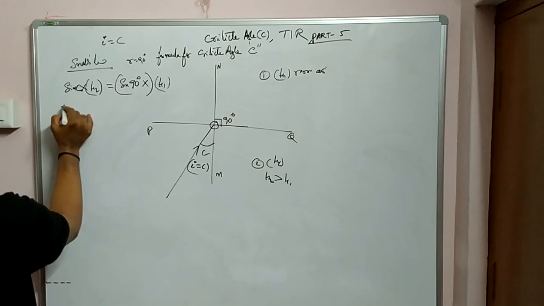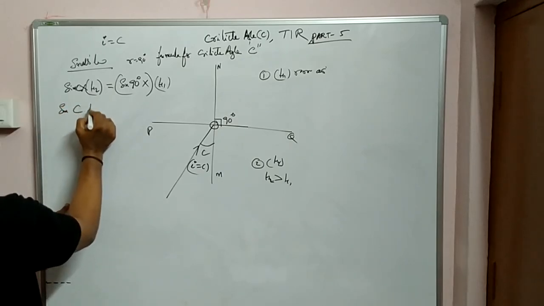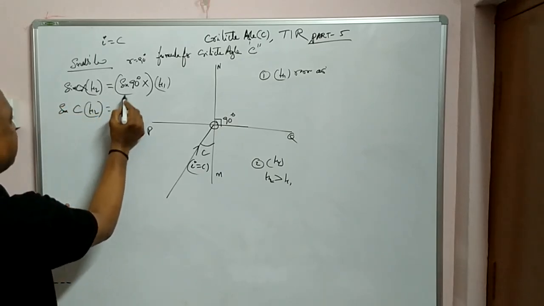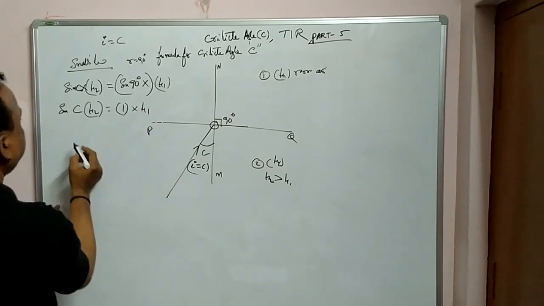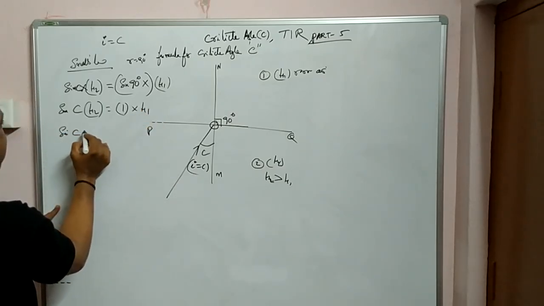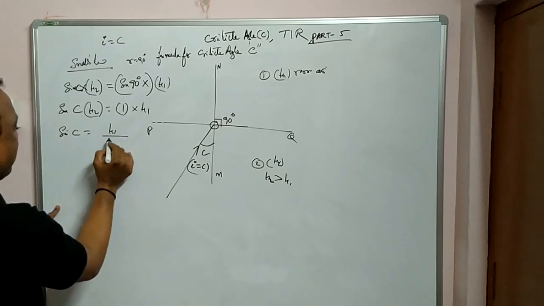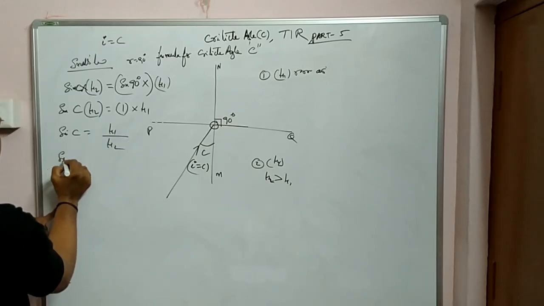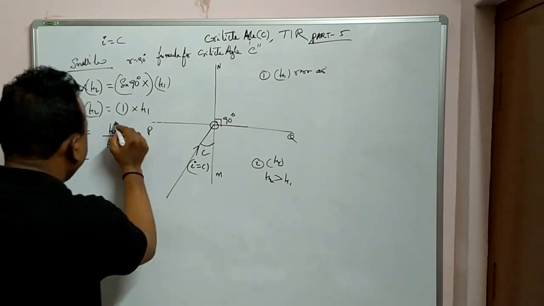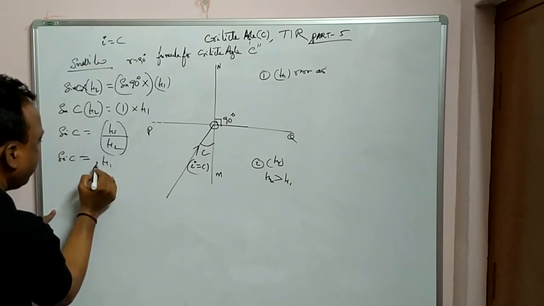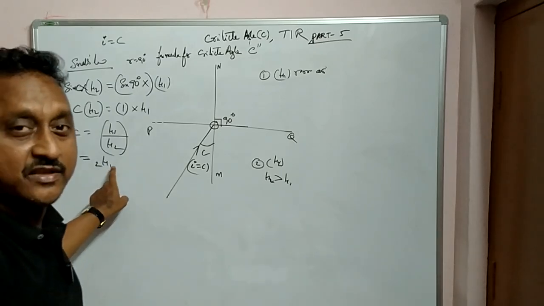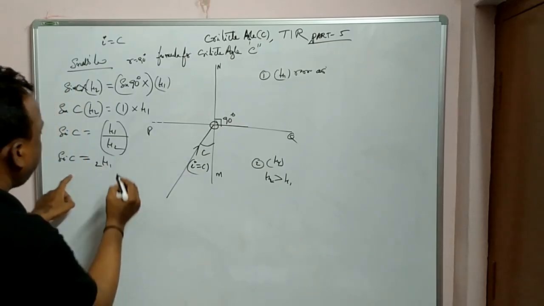Okay. Now what happens? You see the formula: sin C into mu2 is equal to sin 90, which from your trigonometry is 1, into mu1. So sin C is equal to mu1 by mu2. What is mu1 by mu2? I can write it in this fashion: the refractive index of the first medium with respect to the second.